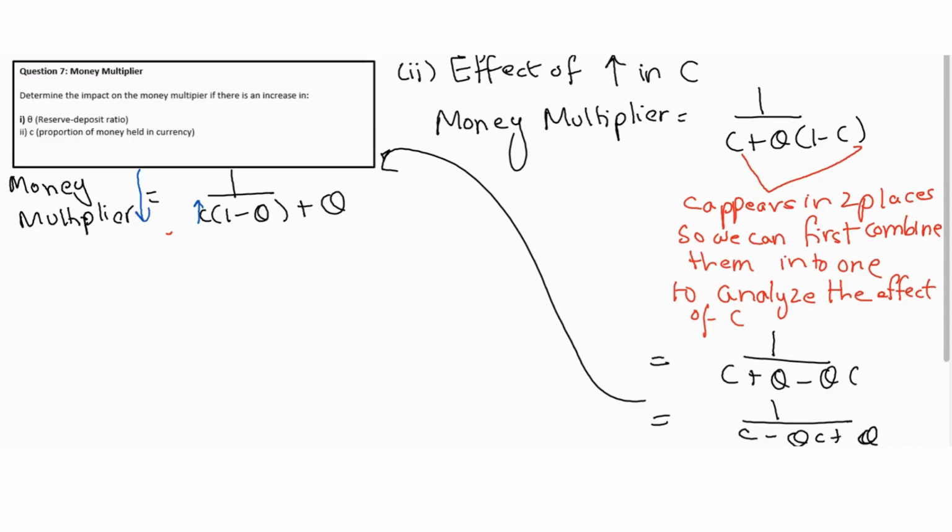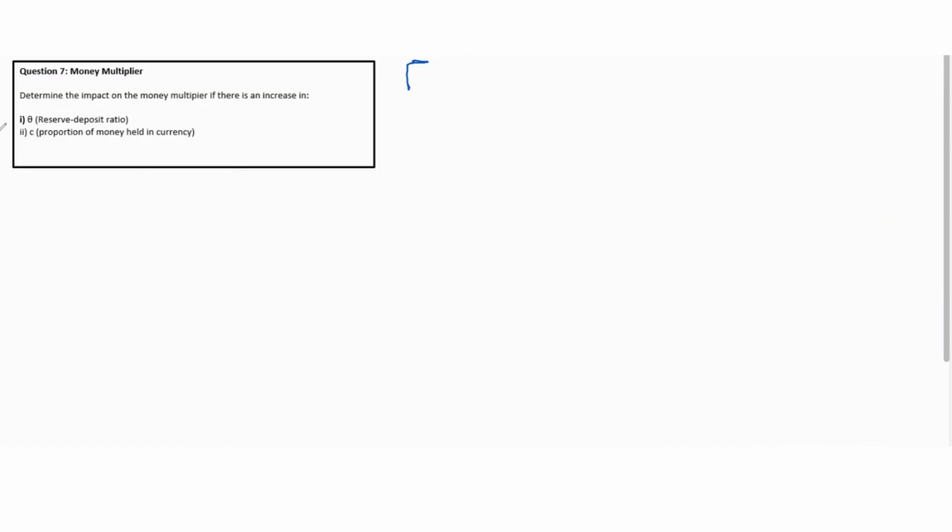Now let's look at the economic intuition of why an increase in C causes a decrease in the money multiplier. When C increases, we need to keep in mind what C represents.